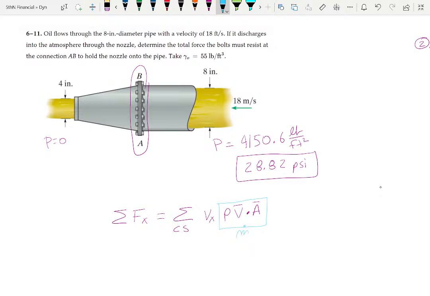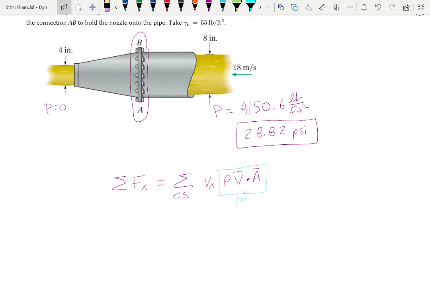If you multiply m dot times the velocity, that's the momentum. If you think back to dynamics, this is a side issue, but it is and it isn't. Sum of the forces equal to this d(mv)/dt.